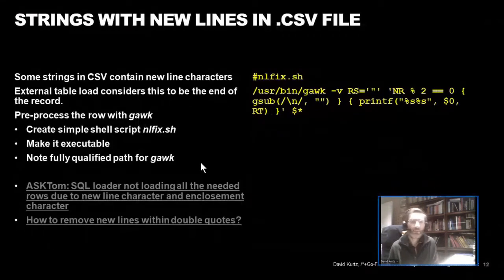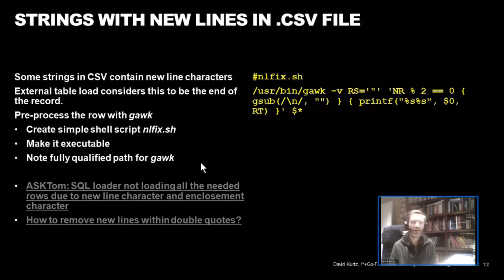One of the things I discovered is that if a string in a CSV file has a new line character, the external table load treats that as an end of file. So I have had to strip out those end of line characters.